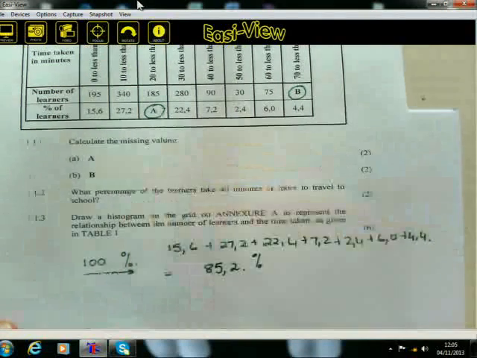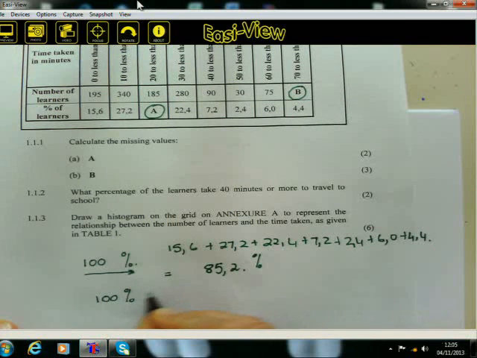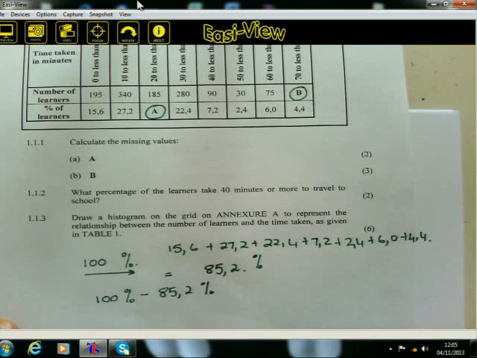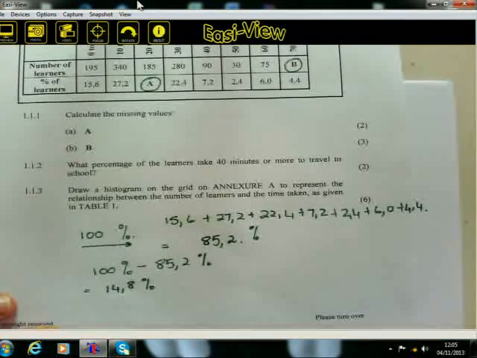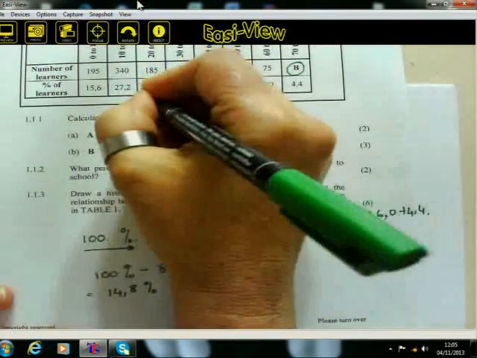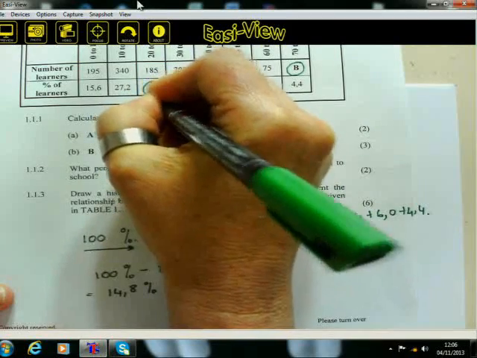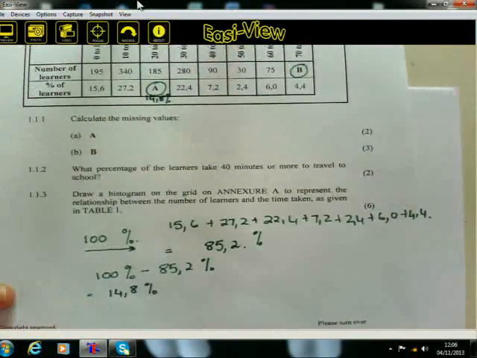If I therefore want to find out what the value of A is, I must say 100% minus 85,2%, and then you get an answer of 14,8%. Now grade 12, what I like to do, once I have found the value, I go and I write the value there so that I can remember that I have already calculated that value.